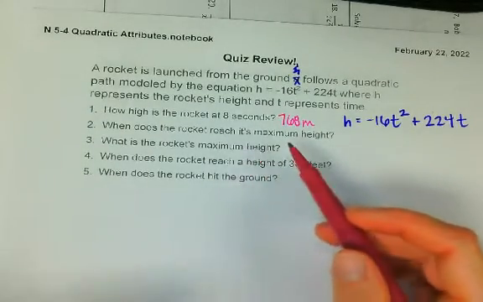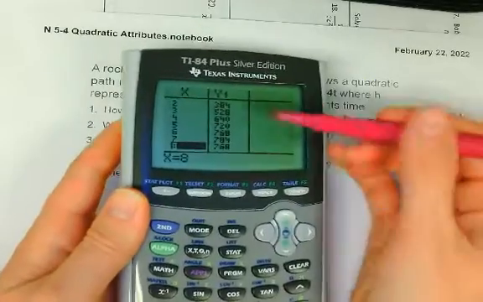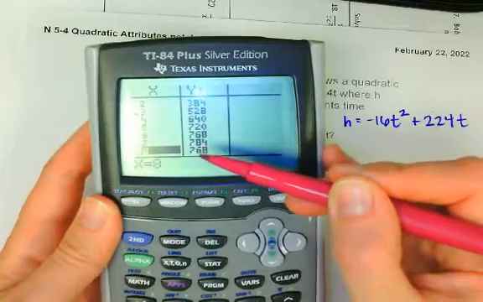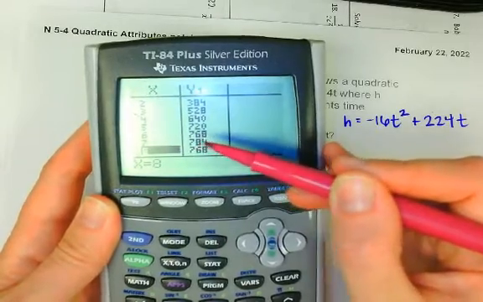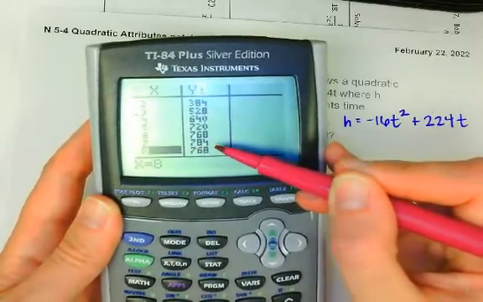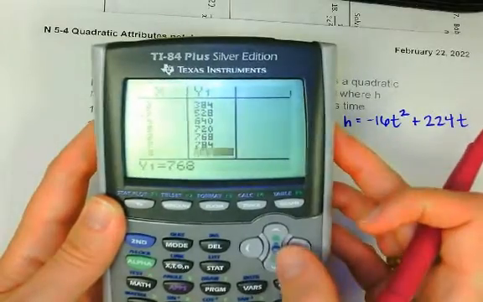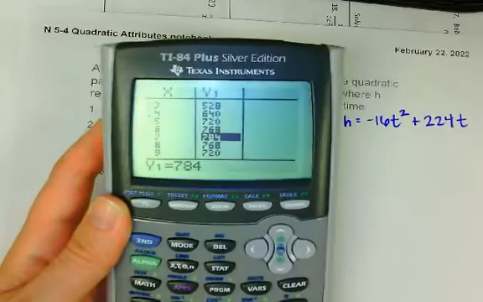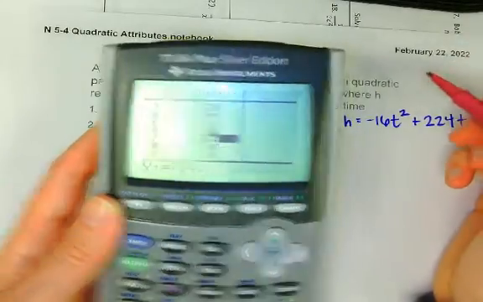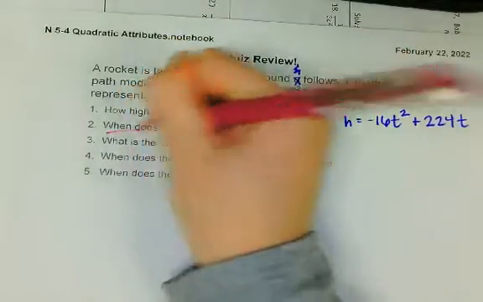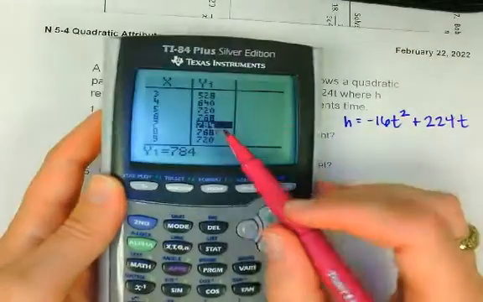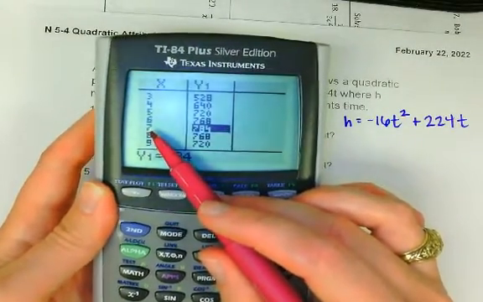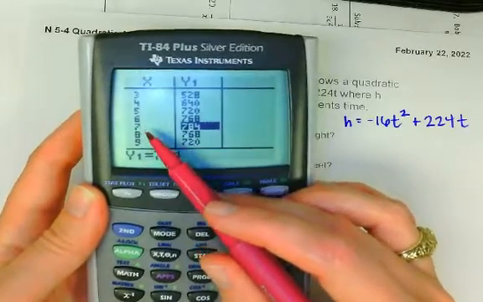Okay, then it says, when does it reach the maximum height? So you're going to have to look at these values and try to find some symmetry. Ooh, it looks like we're close to it right here. 784 does not repeat, but on each side of it, I can see the symmetry starting. So the question said, when does the rocket reach the maximum height? So I need to answer with the x value that goes with it, which is 7.